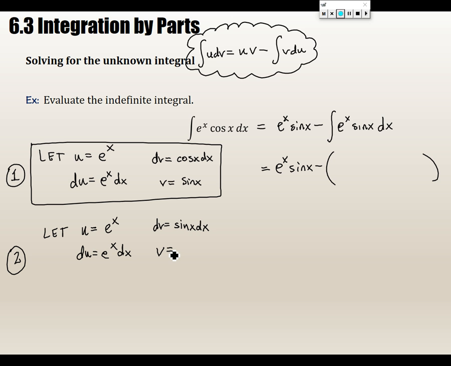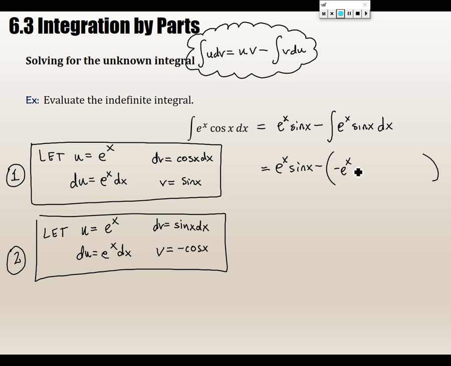v equals negative cosine. Is that what I have to say? Come on, check me on all this. Okay, so here we go. Negative e to the x cosine x minus the integral of, how about plus, e to the x cosine x dx.